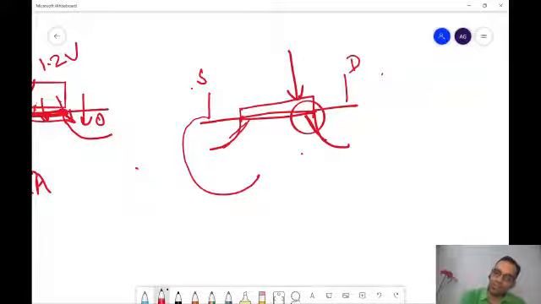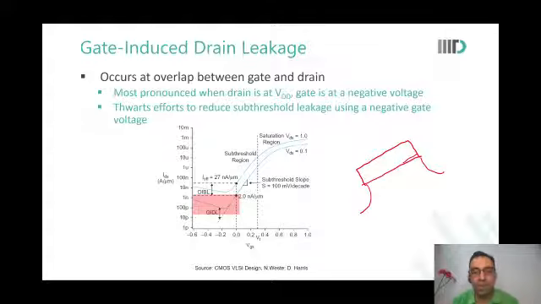Because of the electrostatic contours changing shape near the drain region when you apply gate voltage, you see that the drain leakage increases, and that is reflected by this red shaded region in the curve there. This is called gate-induced drain leakage.